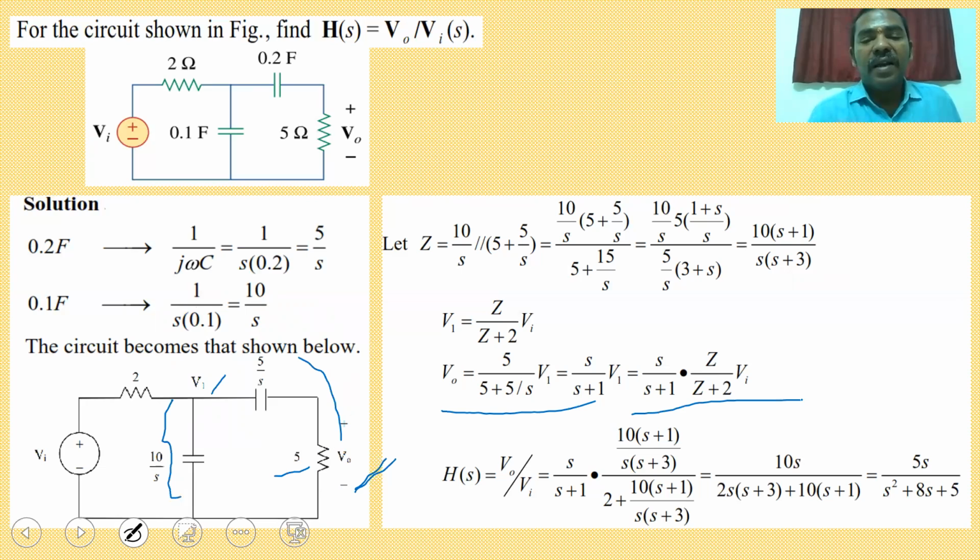So here the Z value is how much? 10 into S plus 1 by S into S plus 3. So if you substitute, the H of S value, V0 by Vi, is equal to 5S divided by S square plus 8S plus 5. So like this you have to go for the calculation of the transfer functions.